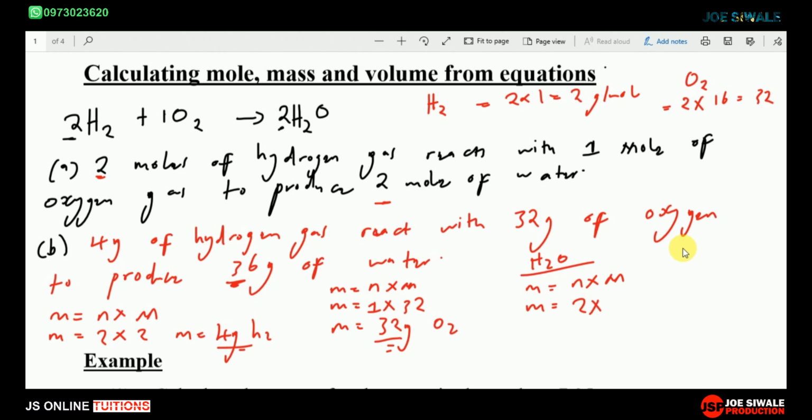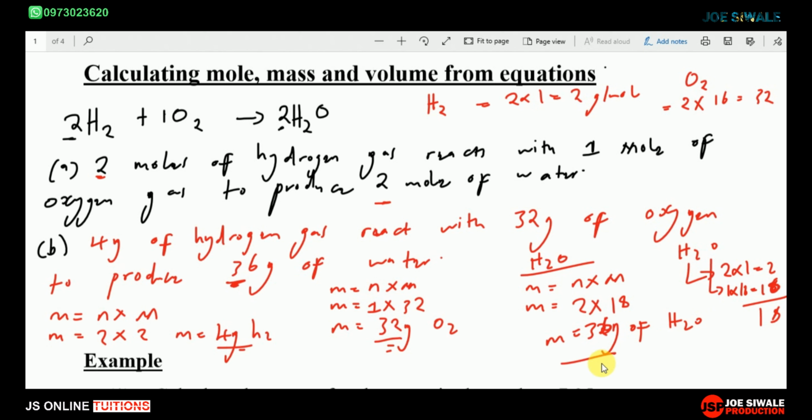For H2O, we have 2 multiplied by 1, which is 2, and 1 multiplied by 16, which is 16. Adding those, we have 18. So 2 multiplied by 18, mass is equal to 36 grams. So 36 grams of water, H2O.